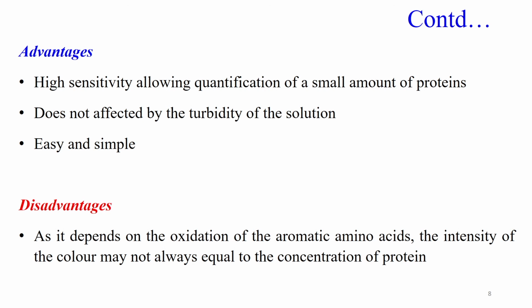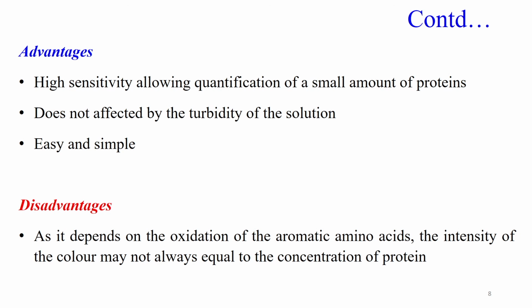The advantage of this method is its high sensitivity, so we can analyze a small amount of protein. Also, the Folin reagent does not affect the turbidity of the solution, and this is a simple method because we are simply using some reagent and measuring the optical density or the absorbance.